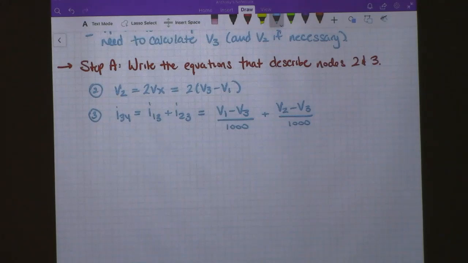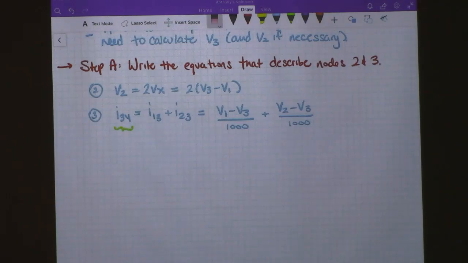All right, so we should be able to use substitution to solve for that, or we could use a matrix form. But one last thing we need to do is also substitute this. We need to use Ohm's law there.